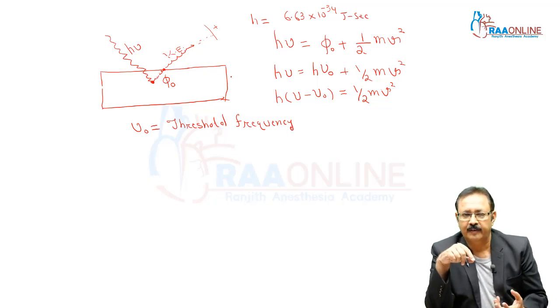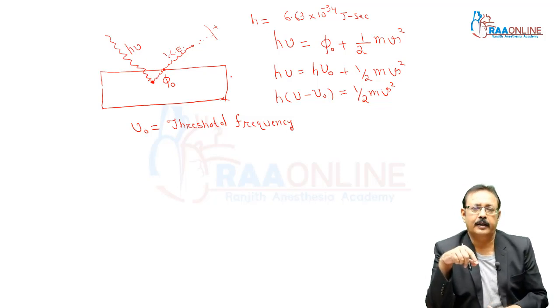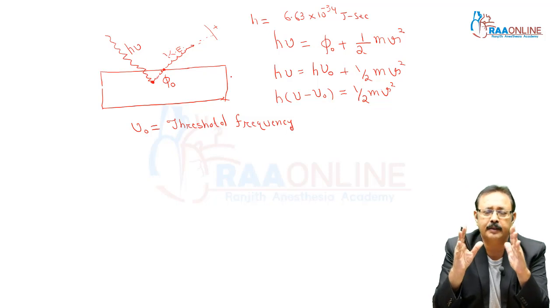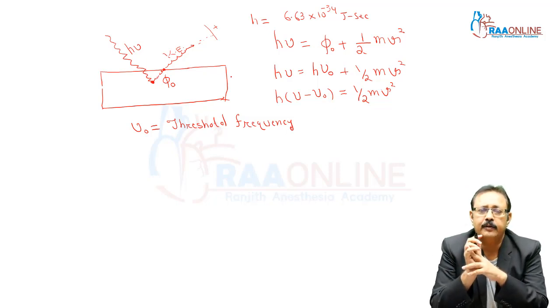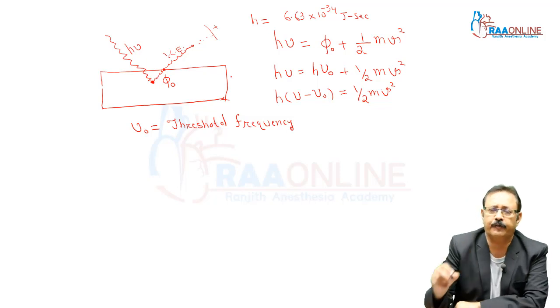No. If you want to eject electrons, you need that amount of energy which light cannot give to it. So that's why this phenomenon is related to a few metals which are known as photosensitive material. So it is the minimum frequency, threshold frequency.